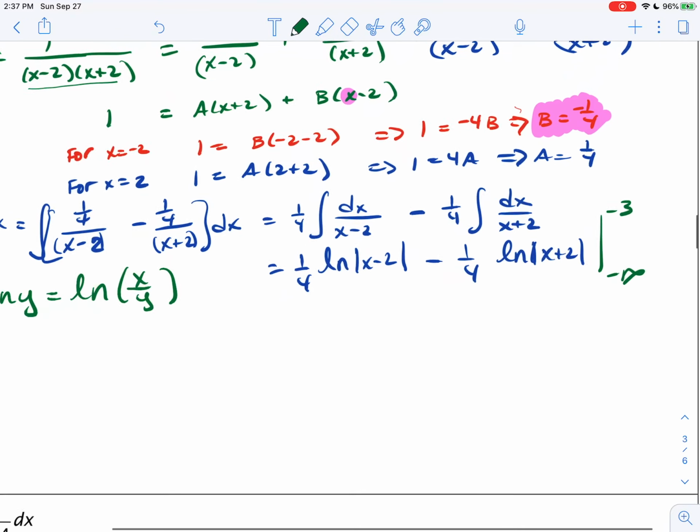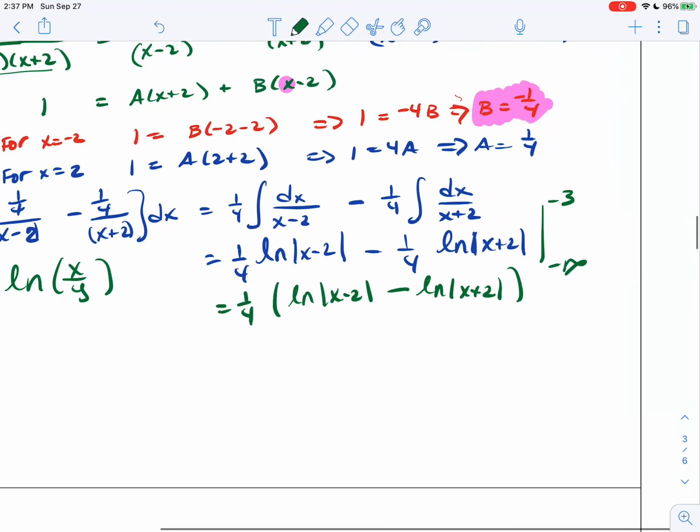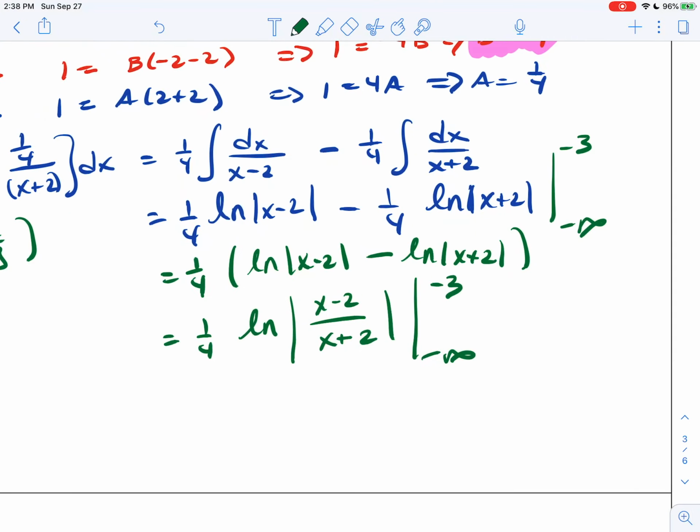I'm going to make some minor adjustments here, factor out the 1/4, and have ln of x minus 2 minus ln of x plus 2, which equals 1/4 times the ln of x minus 2 over x plus 2, and now I'm going to consider my limits.